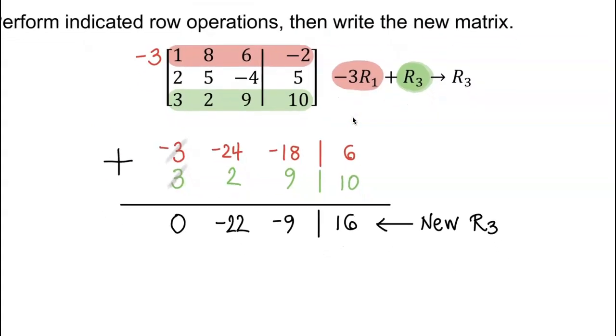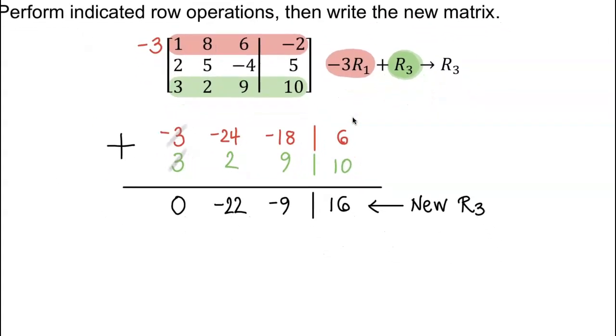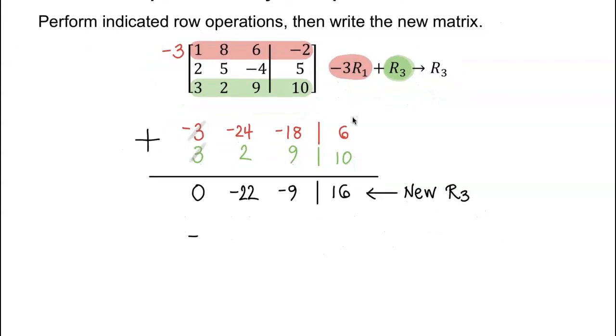So let's write the final answer then. When you write your final or the new matrix, we're not changing anything on row 1 or row 2. So row 1 is still 1, 8, 6, and on the other side we still have -2.